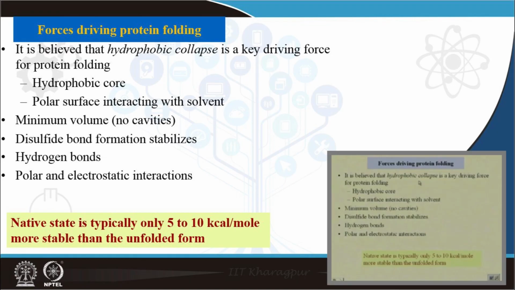So it may so happen that initially when the polypeptide chain is formed, there is a hydrophobic collapse, meaning that there is a hydrophobic core formed first, and the rest of the protein chain then will gradually form alpha helices or beta sheets or interconnectors such as loops or turns to bring about the three-dimensional structure.